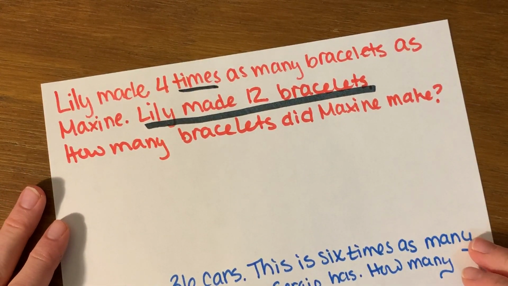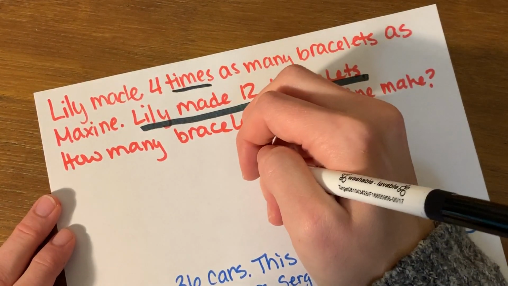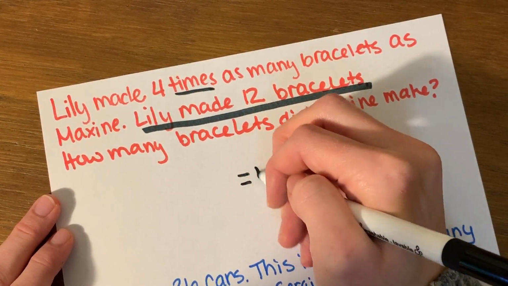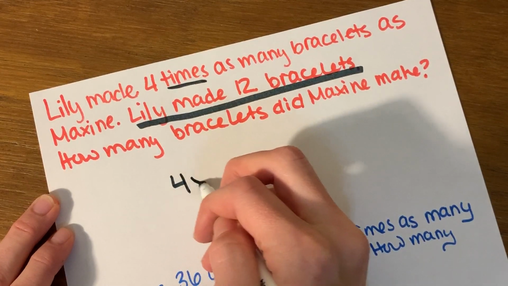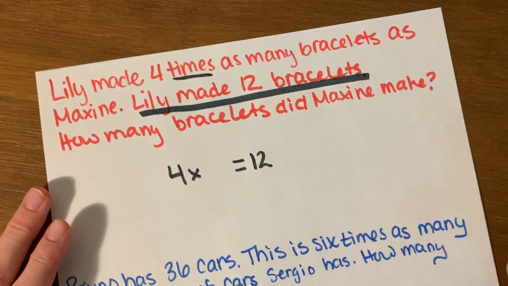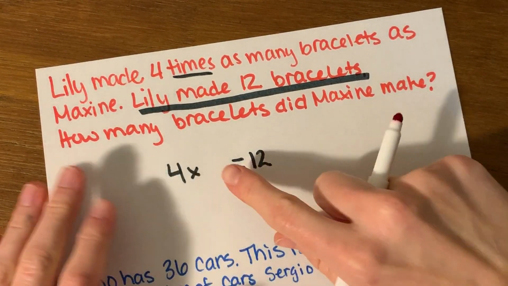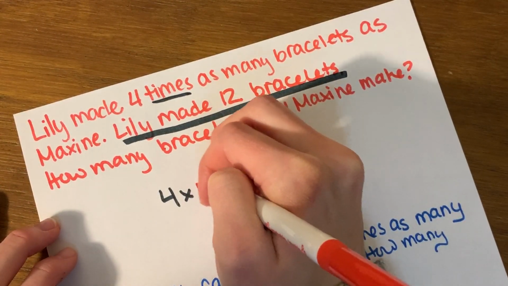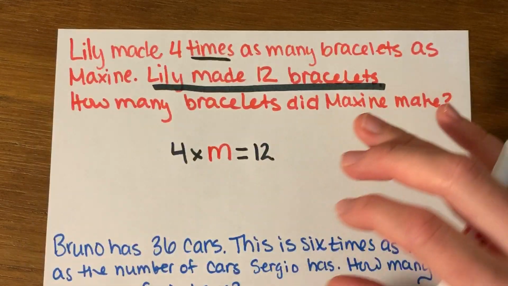So we have 4, so we know that Lily made 12, okay? And Lily made 4 times something gives us 12 because she made 4 times as many bracelets as Maxine, and we know in the end she made 12 bracelets. So we don't know what goes here for right now. So we're gonna go ahead and put an M for Maxine there as our variable until we figure out what belongs there.